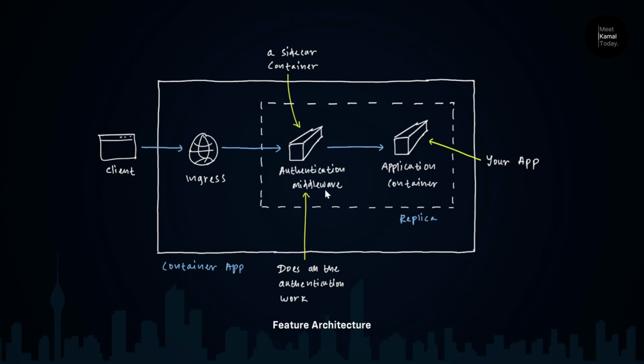And this container here is usually called authentication middleware. This acts as a proxy to all the requests that the application container receives after enabling the authentication feature. And as I said, this is very similar to the app service authentication feature that we had with app services.